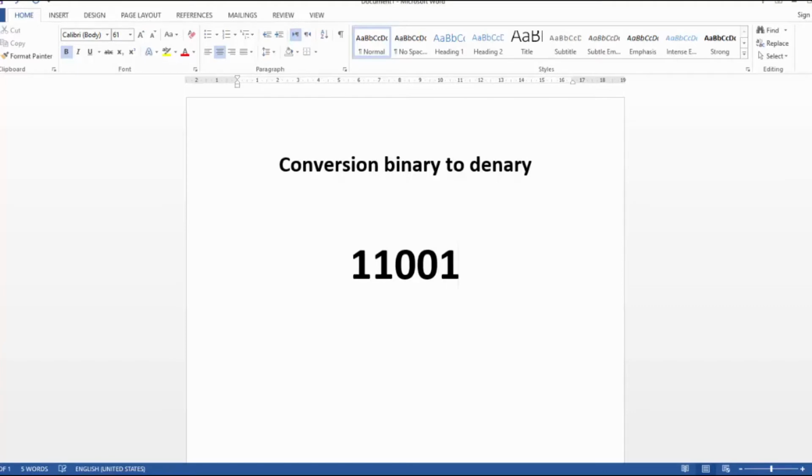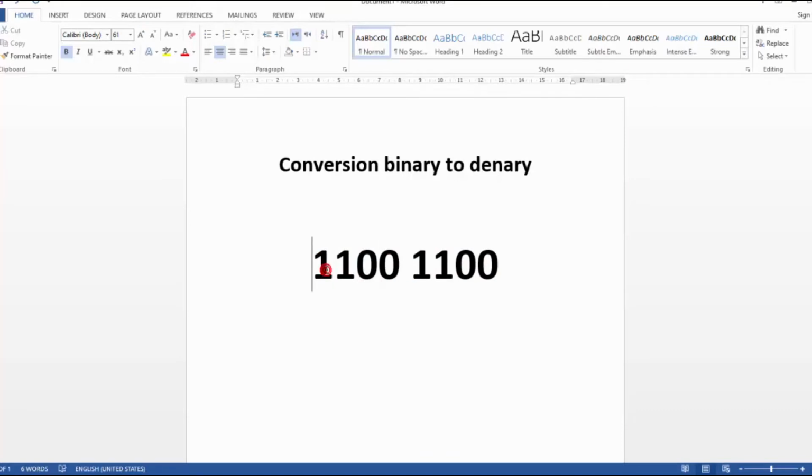And now if I add 4 more digits, meaning 2 nibbles, then it becomes a byte, right? So we can say that 8 bits equals 1 byte. We can call it 8 bits, or we can say that it is 1 byte. We can also see that there are two groups of nibbles, right? So we have the combination of 0 and 1.